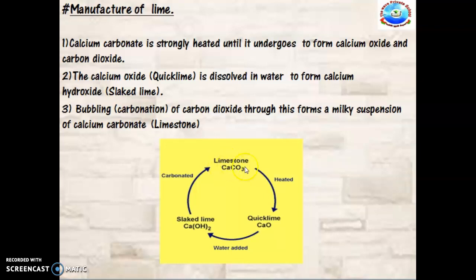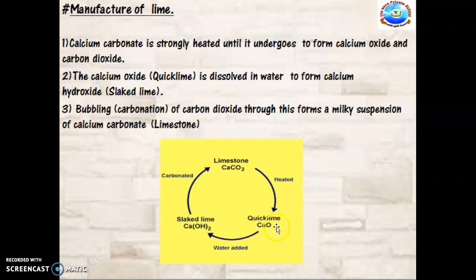When limestone is strongly heated, it undergoes a change to form calcium oxide. So when limestone is heated, it is converted into quicklime, that is calcium oxide.